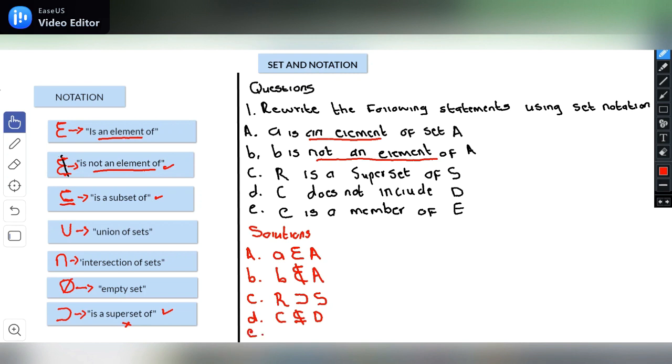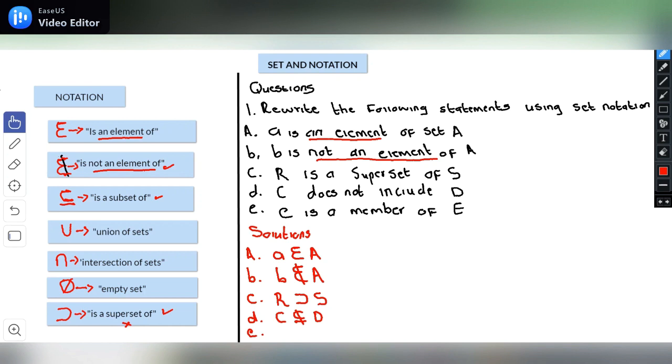The last one, which is E, they're saying the set e is a member of set E, right? So remember, whenever we talked about the members, I said a set can either have members or elements.